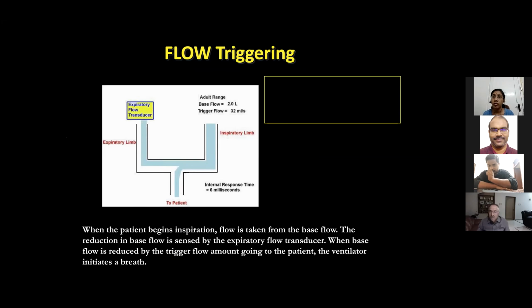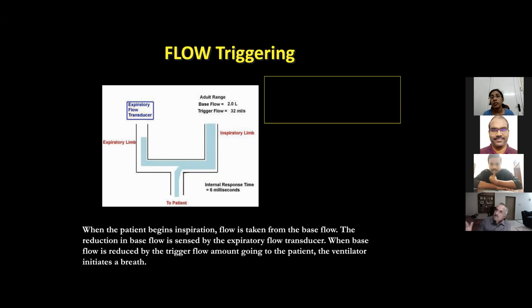See, this is flow triggering, meaning there is a small bias flow of about 2 liters which starts at the end of expiration and goes into the lung. You see here, when the patient generates a negative pressure, some air goes into the lung. When the air comes back, the ventilator analyzes it. When it sees a loss of some air, it realizes that the patient is wanting a breath.